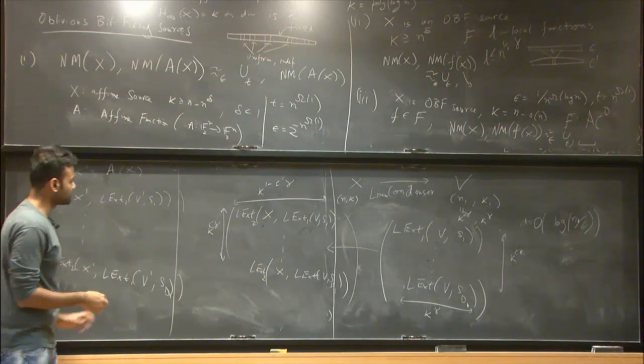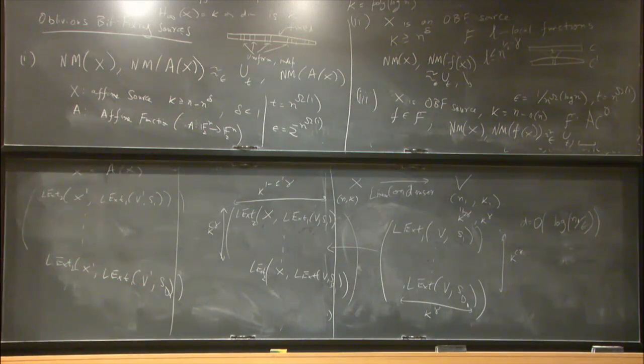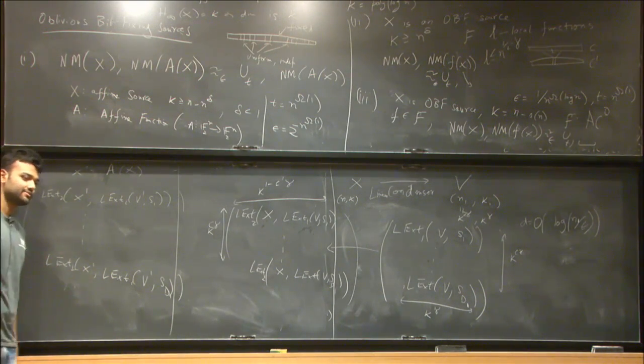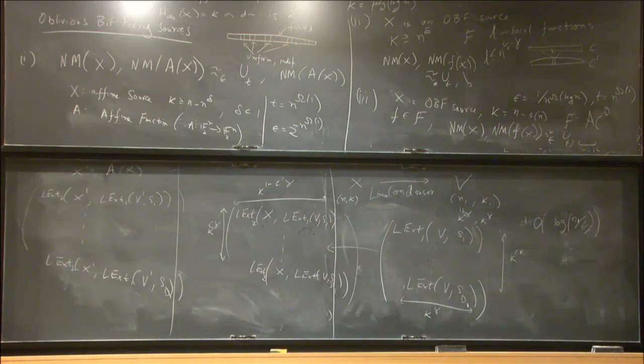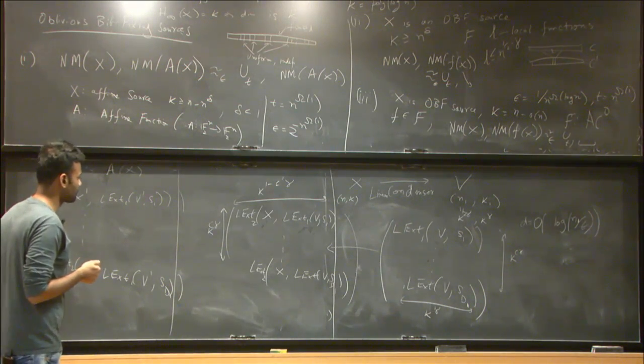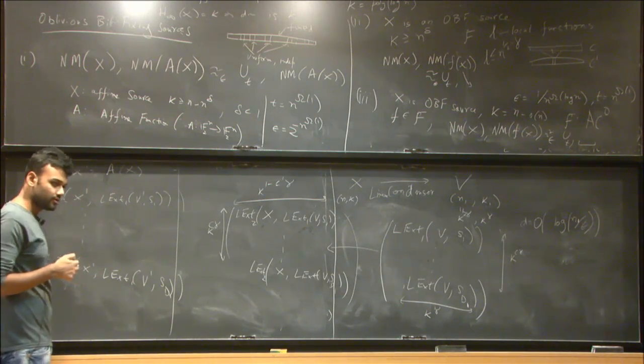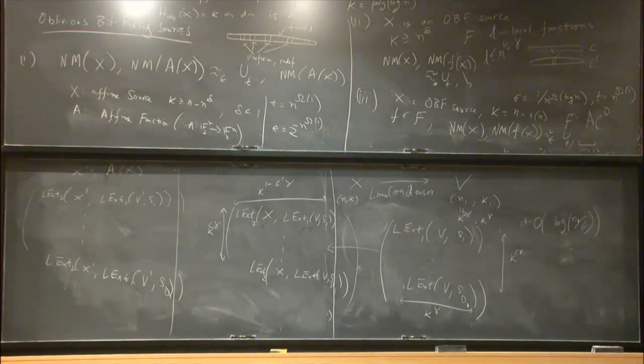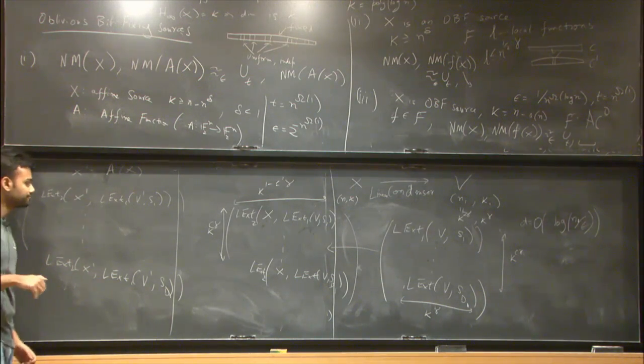V prime is not A times V; it's a combination of all these. But you apply the same process to X and to A. Essentially, the function is inside, and then you apply all this.